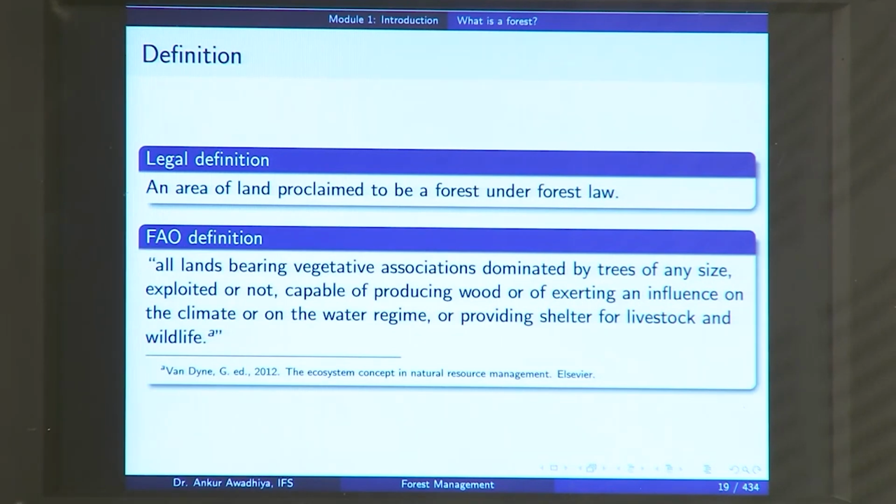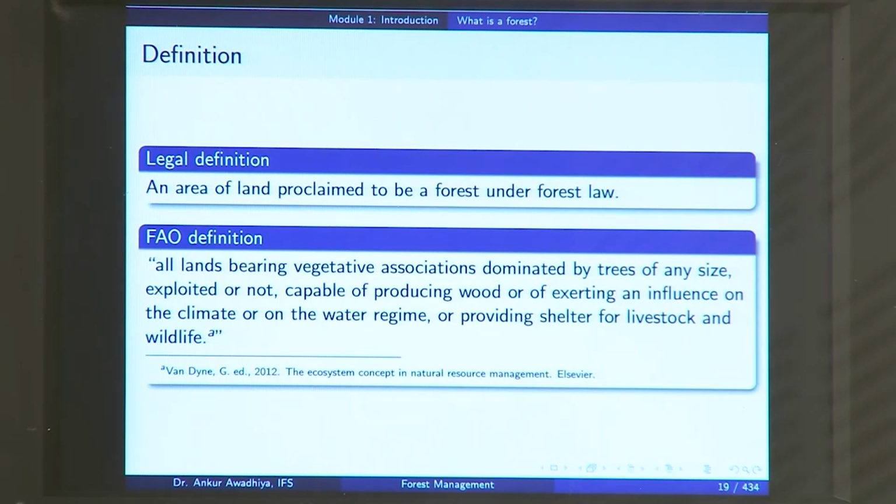So, you might even have a land that does not have a single tree, not to mention canopies, and it probably does not have any animals, but this land was proclaimed to be a forest under a forest law. So, for instance, in India we have the Indian Forest Act 1927, and under this Act the government came out with a notification and said that this area is a protected forest or this area is a reserve forest.